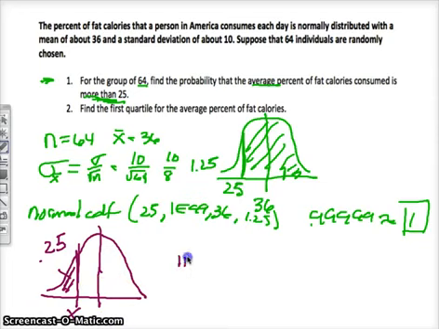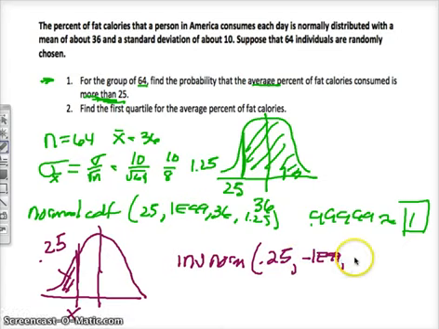So I'm going to go inverse norm. Okay, I'm going to go 0.25, comma, the lower one is negative 1E99, number way to the left. We don't know, I messed up here, so stop. Inverse norm, you have the percentage, then you need the mean.